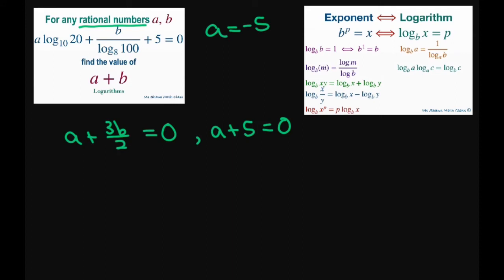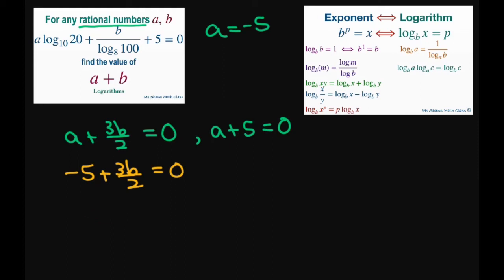If a is negative 5, substitute that back in here to this equation. So negative 5 plus 3b divided by 2 equals 0. Or we can do this, I have a 2 here. Let's not do it that way. Let's make this a 2. So this will be negative 10 plus 3b.